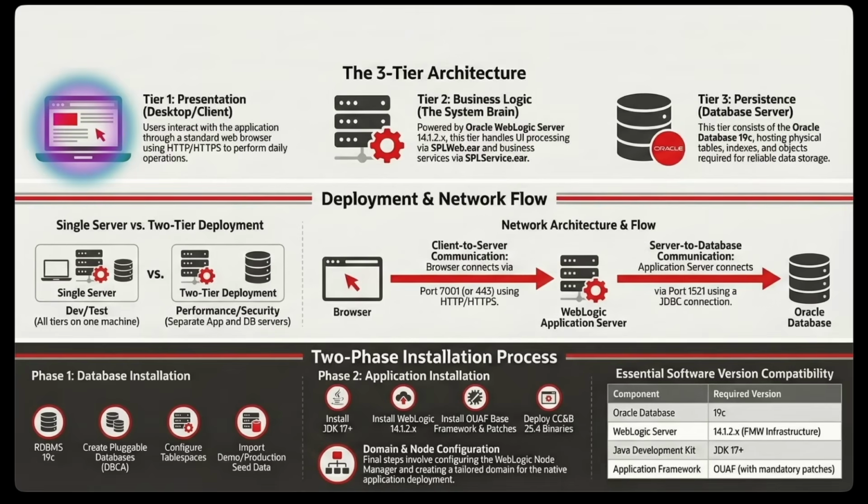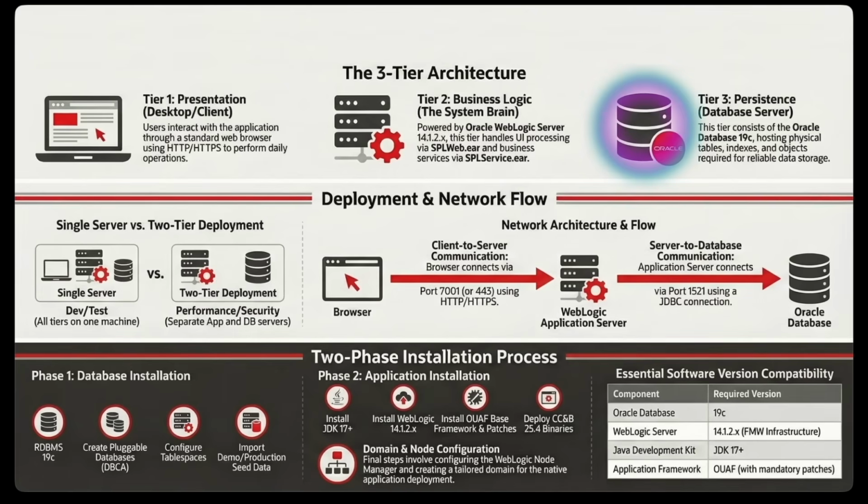The first one is the presentation layer. This is where the user interacts with the system using a web browser. Then the business logic layer. This acts as the application server, hosting the web and the service components. Then the database layer.